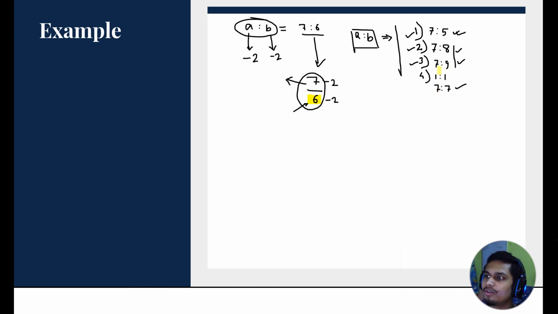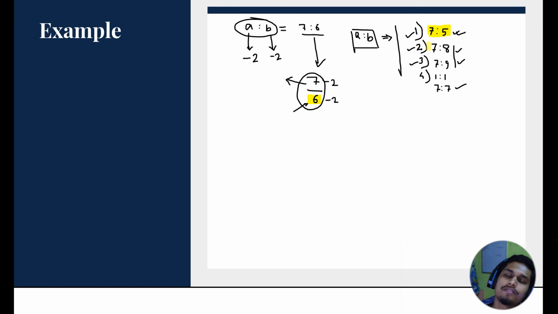Correct. So 5 will be the answer, as the resultant ratio will have a higher value. So the first option is the answer.